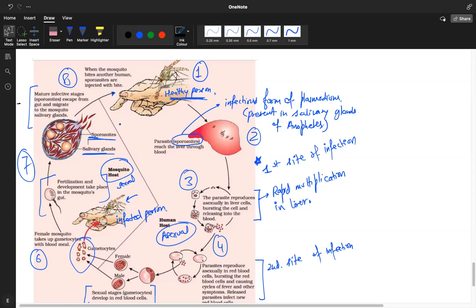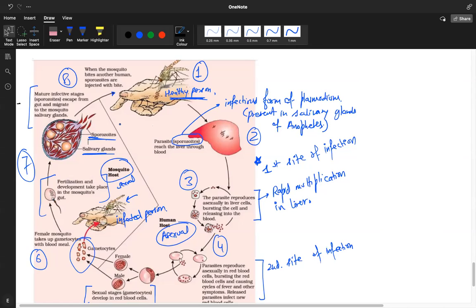Now, in the next class, when I will be teaching you about Entamoeba, I will tell you a very interesting thing: Entamoeba behaves like an ideal parasite for most of its time. When it is behaving like an ideal parasite, just sitting in our body doing nothing, we don't have any problem with that.